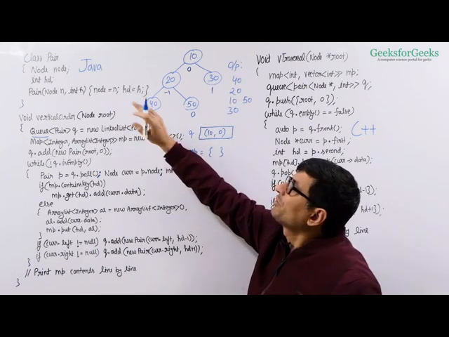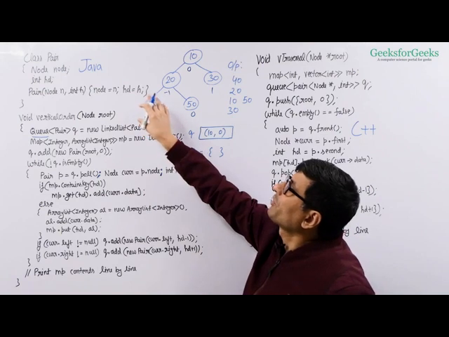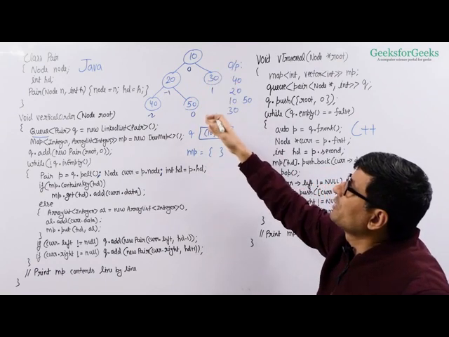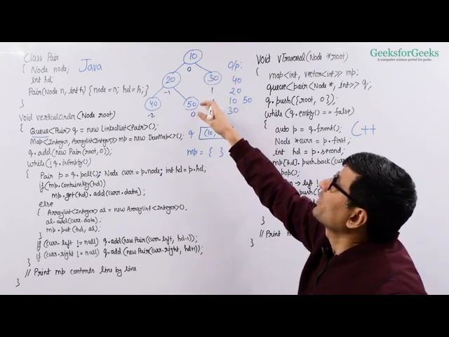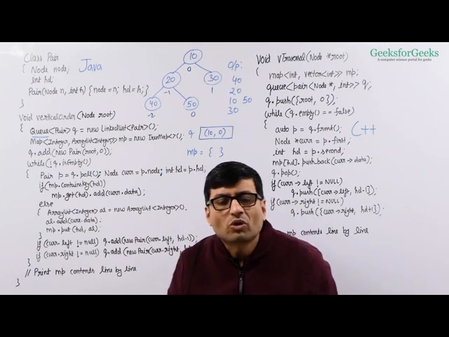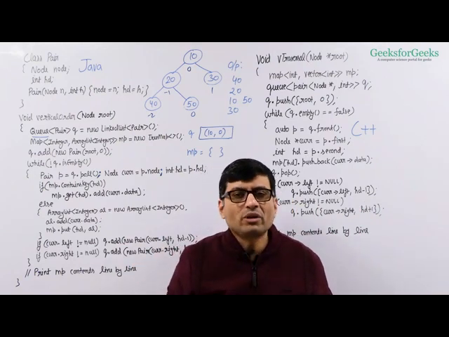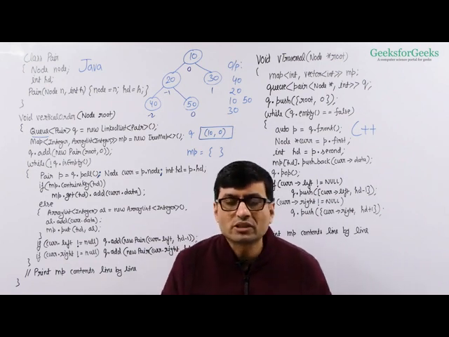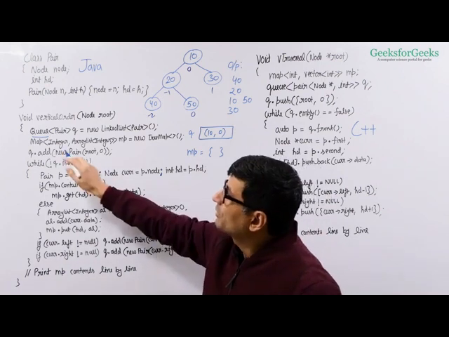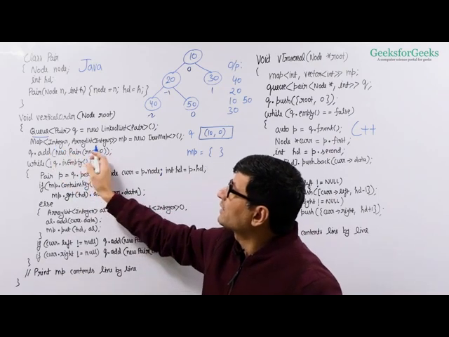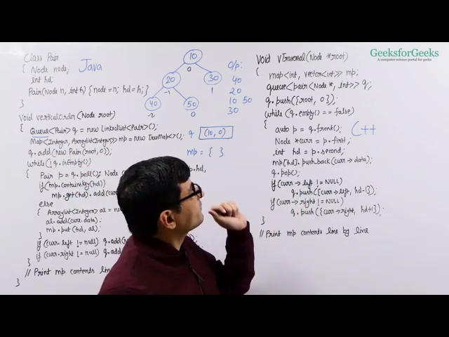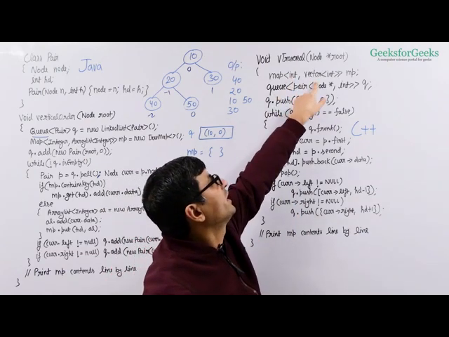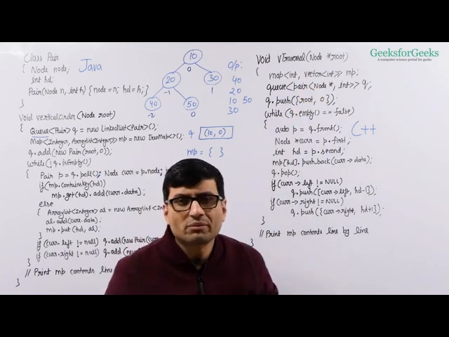So in your map, your final output will be: corresponding to -2 we will have 40, corresponding to -1 we will have 20, corresponding to 0 we will have 10 and 40, and corresponding to 1 we will have 30. So we'll use horizontal distance as key in the map, and the value will be an array list in Java and a vector in C++. In C++, we have an integer horizontal distance as key and a vector as value. That's how we have created a map.